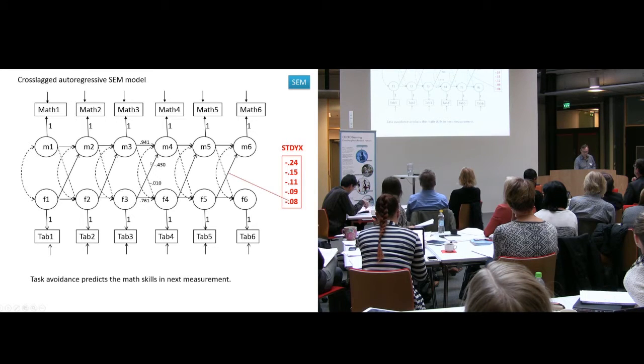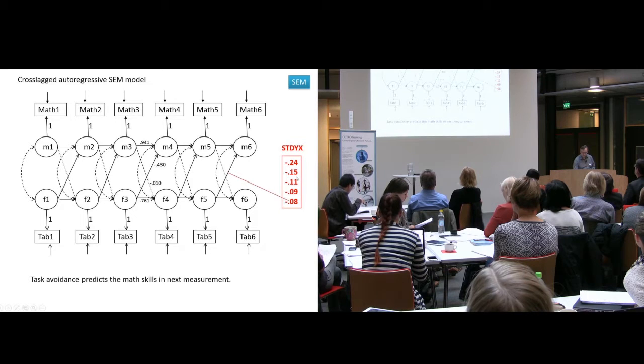When I estimate this, I have fixed all the values in raw data equal, but when I look at the standardized values, this first value is related to the first arrow, and this is related to the last arrow. In the standardized, the effect size decreases.